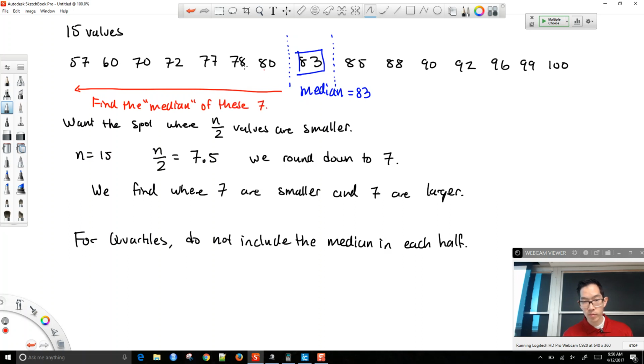So what we do is we say 7 divided by 2 is 3.5. This is going to give me this location right here. Okay, we do the same thing over here, and that will give me Q3 up here. So Q1 is 72. Q3 is 92.